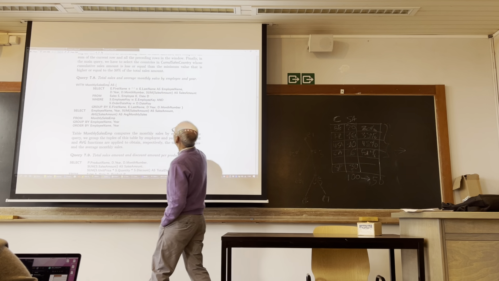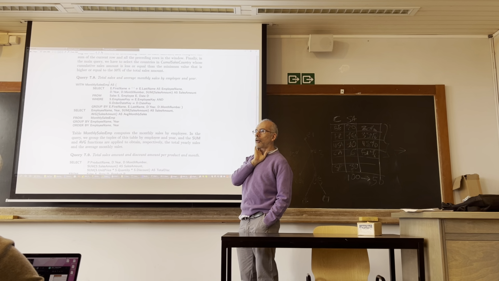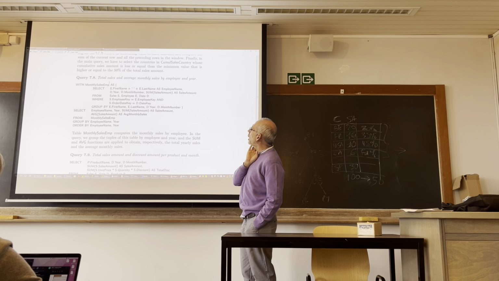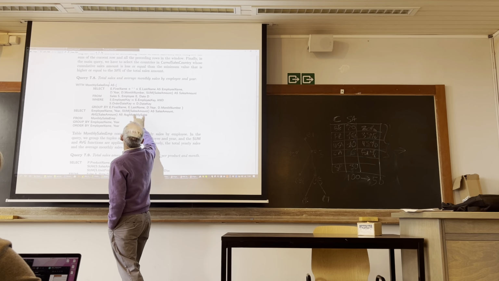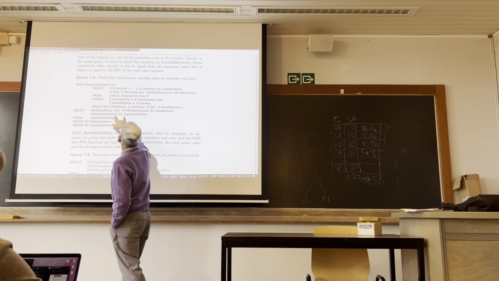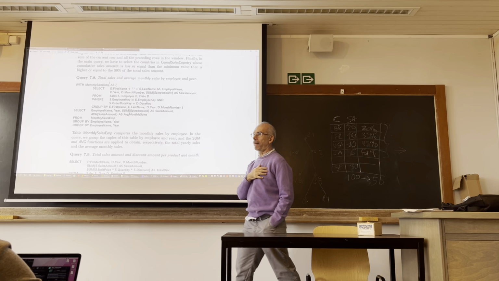So the idea here, of course, you need to get the smallest granularity by month, aggregate by month, and then you group by year. And then, of course, among all the months, you can have the average of the month.